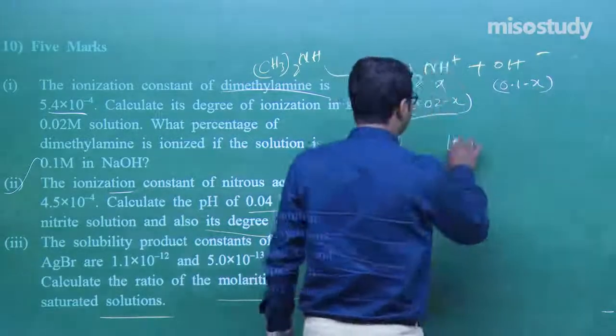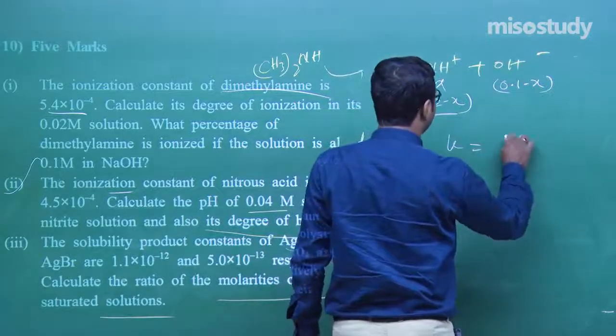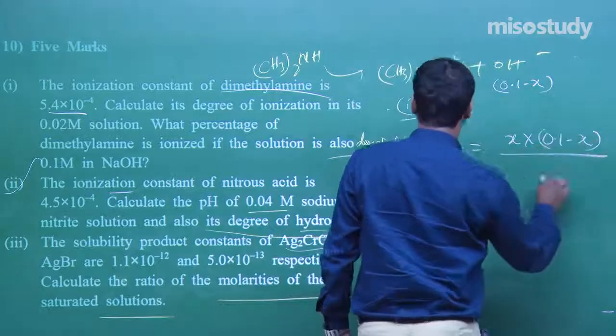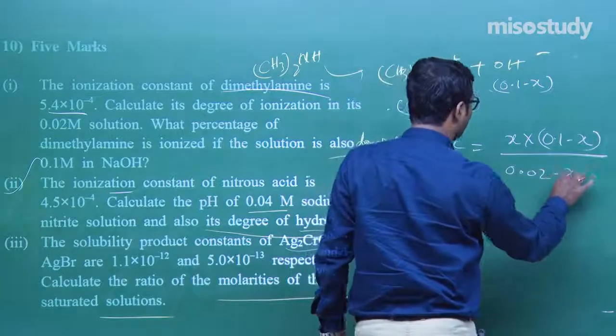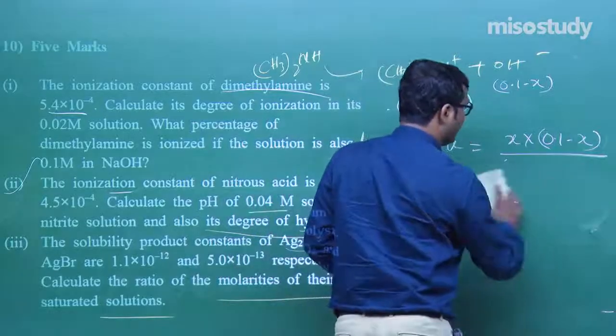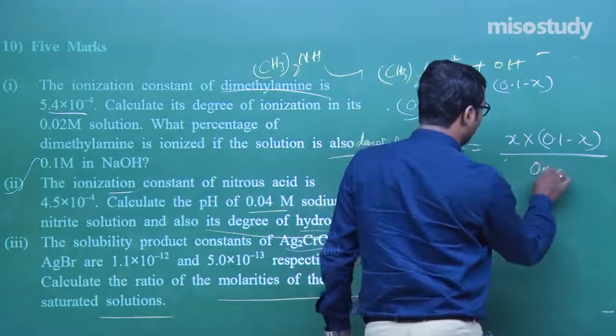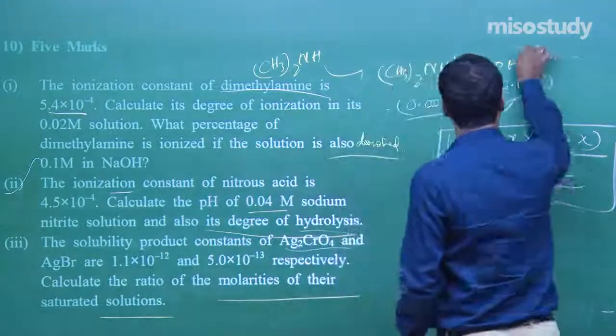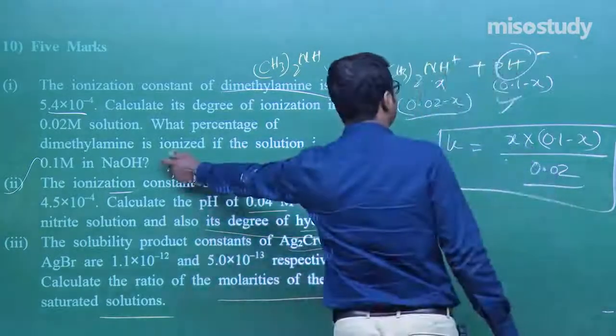And what is K? K is equal to X into (0.1 minus X) divided by (0.02 minus X), that is equal to K. It is a very small quantity, so we put here 0.02. Now this is the expression, and 0.1 is there as this OH- comes from the NaOH condition.